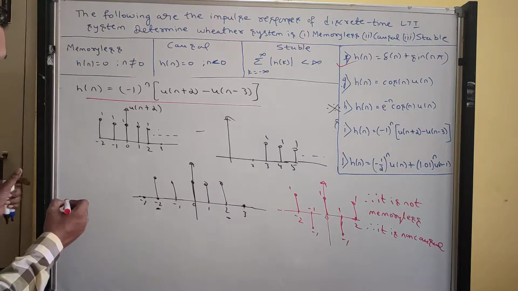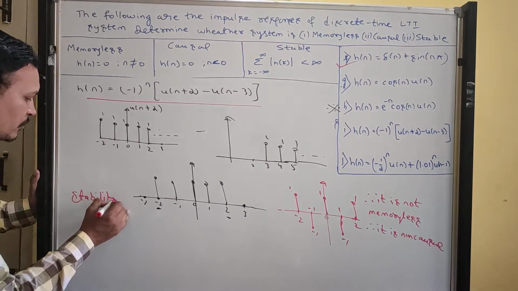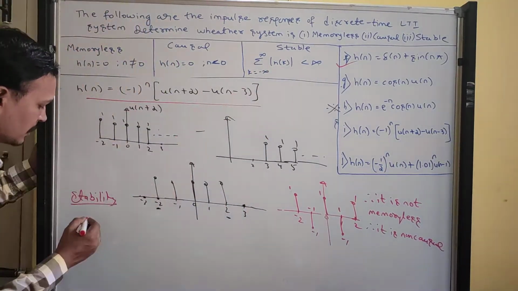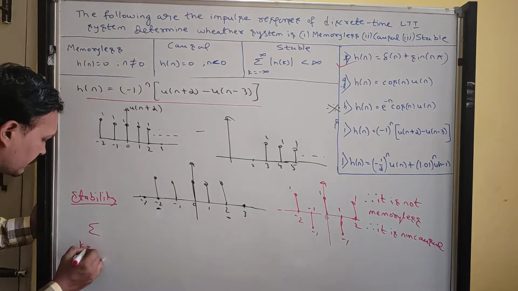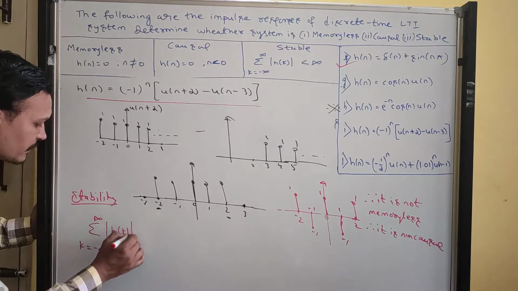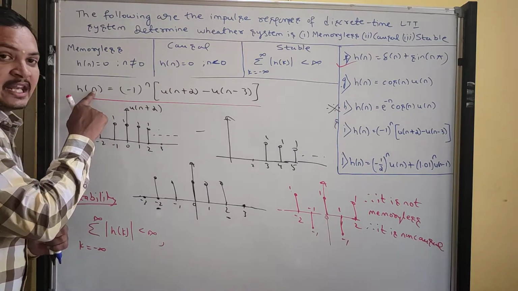Next, stability. Go to the formula: the summation over k from -infinity to infinity of |h[k]| should be less than infinity. Now replace n by k.